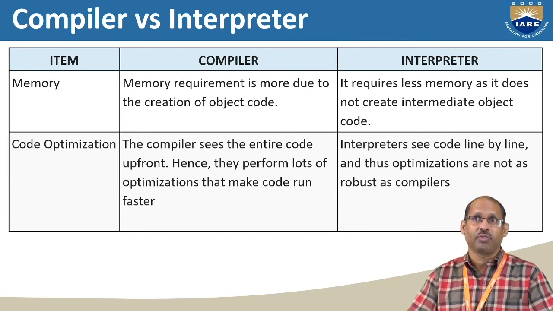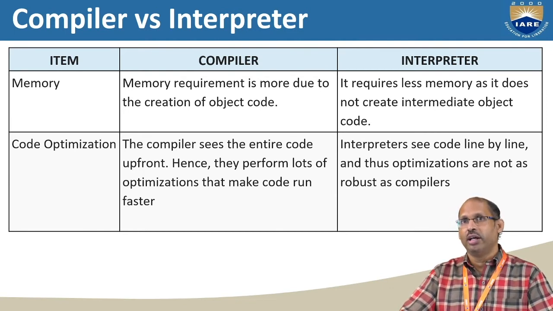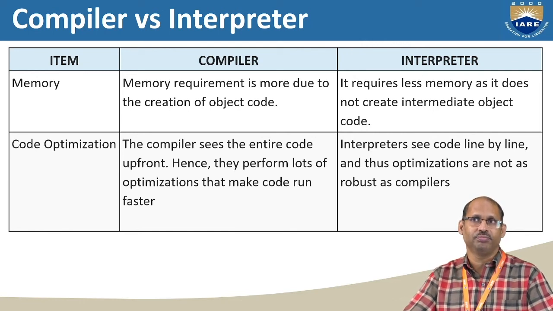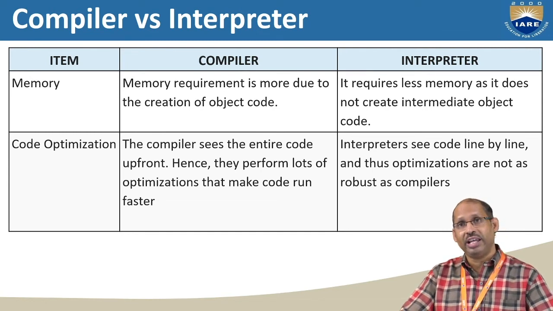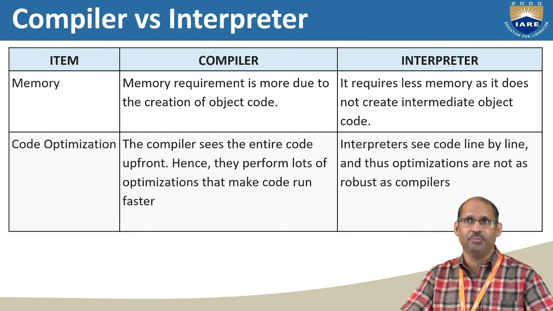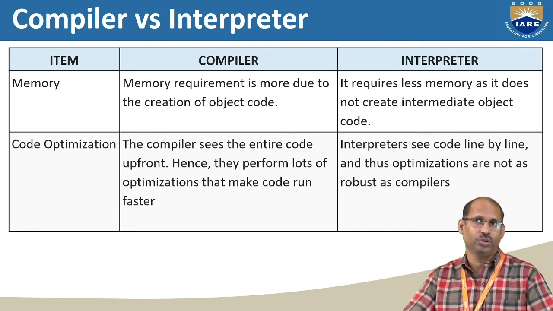Then memory. High level languages take less memory. The compiler will convert this high level language program into different intermediate forms by the different phases of a compiler and finally convert to machine code. The size of the machine code is very large compared to the size of the source program.